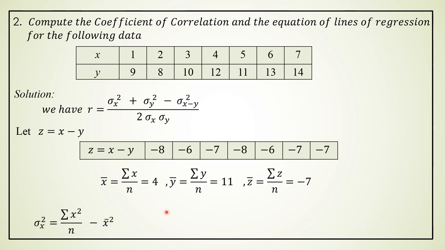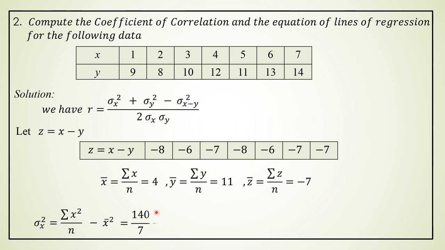Then compute sigma x square. Sigma x square is given by the formula summation of x square divided by n minus x bar whole square. So just take the sum of the squares of the values of x and divide it by n. n over here is 7, minus x bar square. x bar square is 4 square.